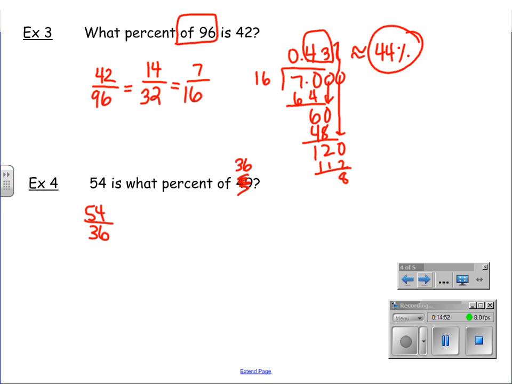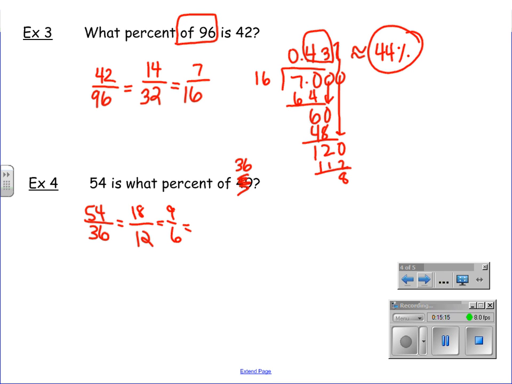All right, now what should I do here? Yes, Tony. You should divide it by 4. I mean by 3. Okay. And you get 18 over 12. Can I go further? Yes. What do I get? 9 over 6.